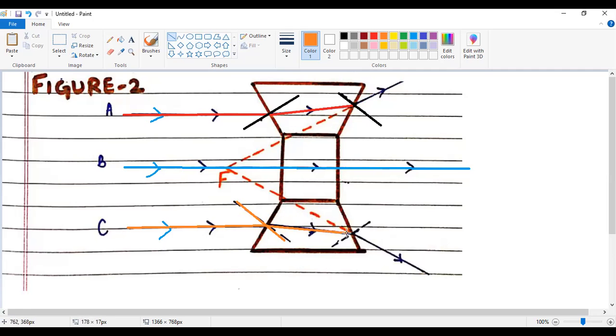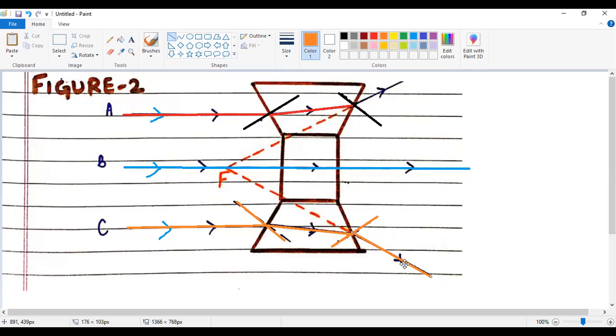The ray bends towards the normal, or you can say the ray bends towards the base of the prism also. So students, when the ray strikes the second surface of the prism, now it has to go from denser medium to rarer medium. Again, the light will bend away from the normal.